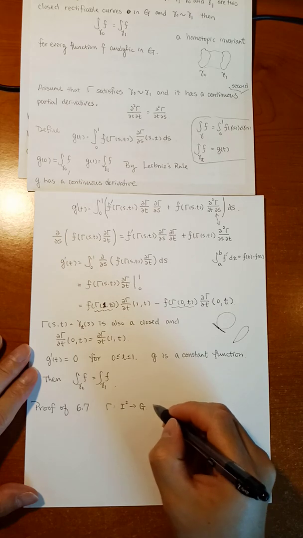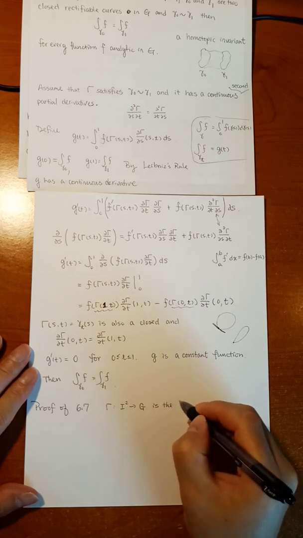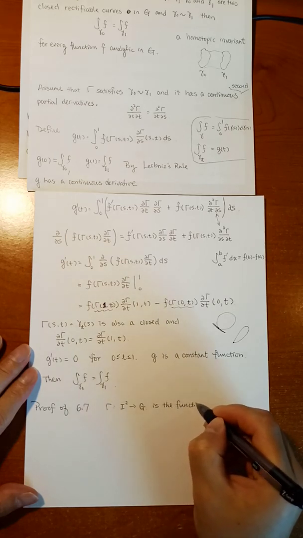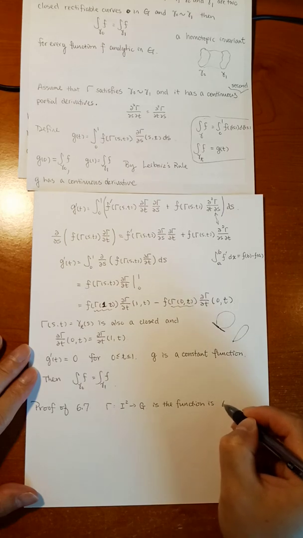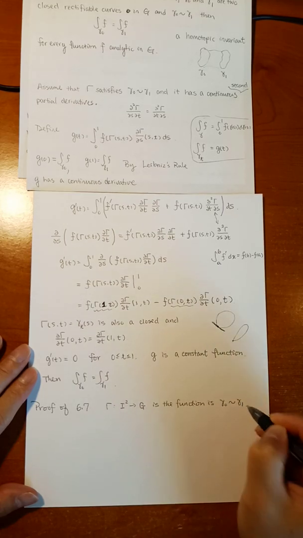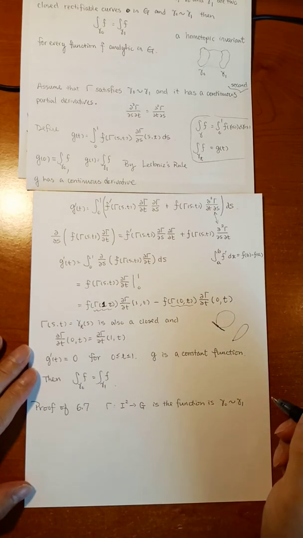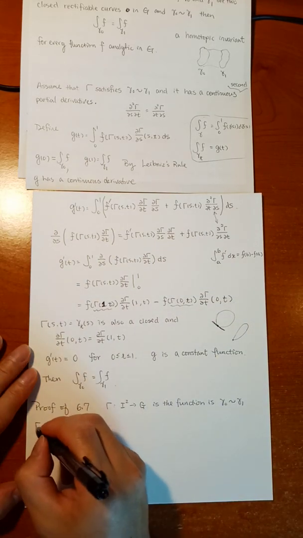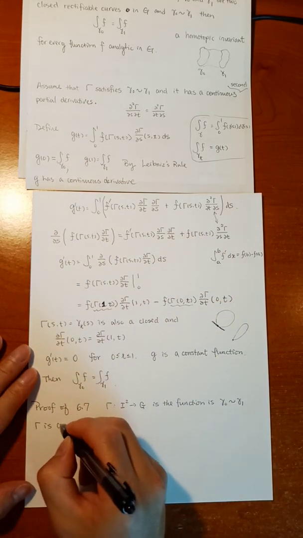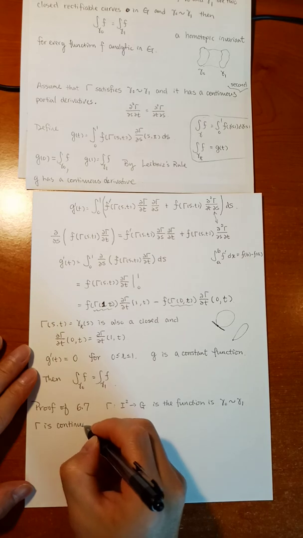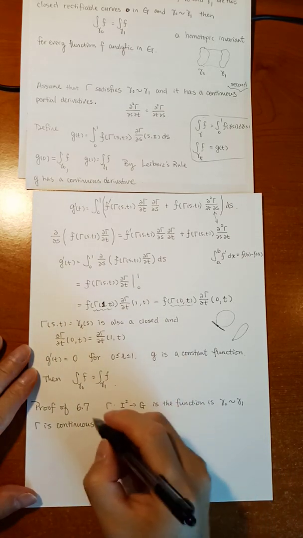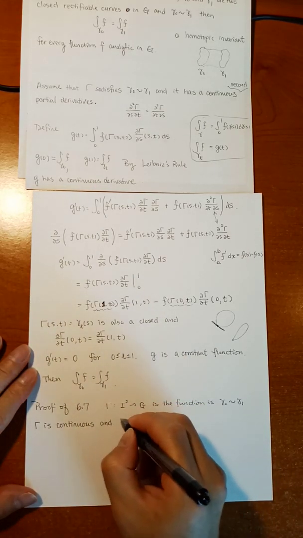So gamma is the function, gamma 0 homotopic to gamma 1. Then gamma is continuous. This is a minimum requirement. Gamma is continuous, and its domain is compact.